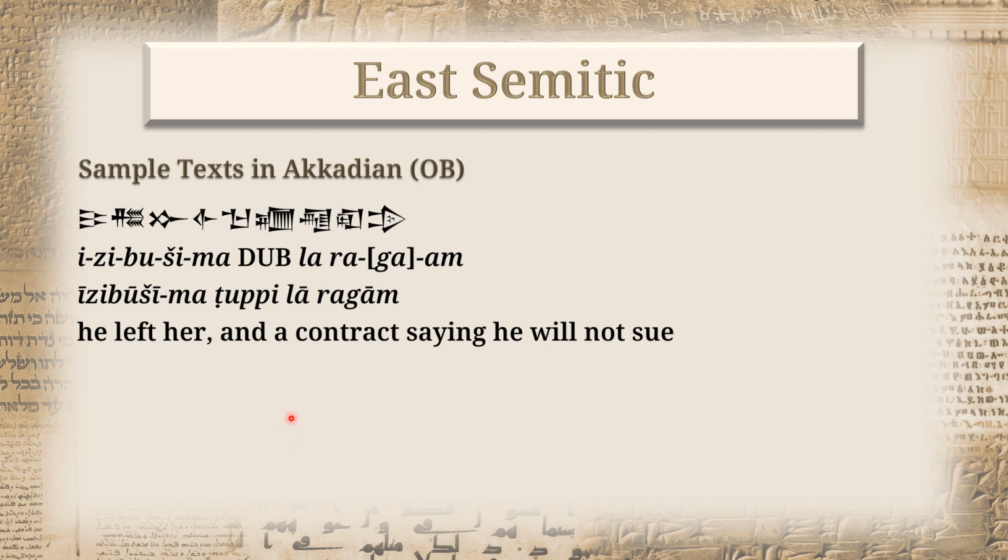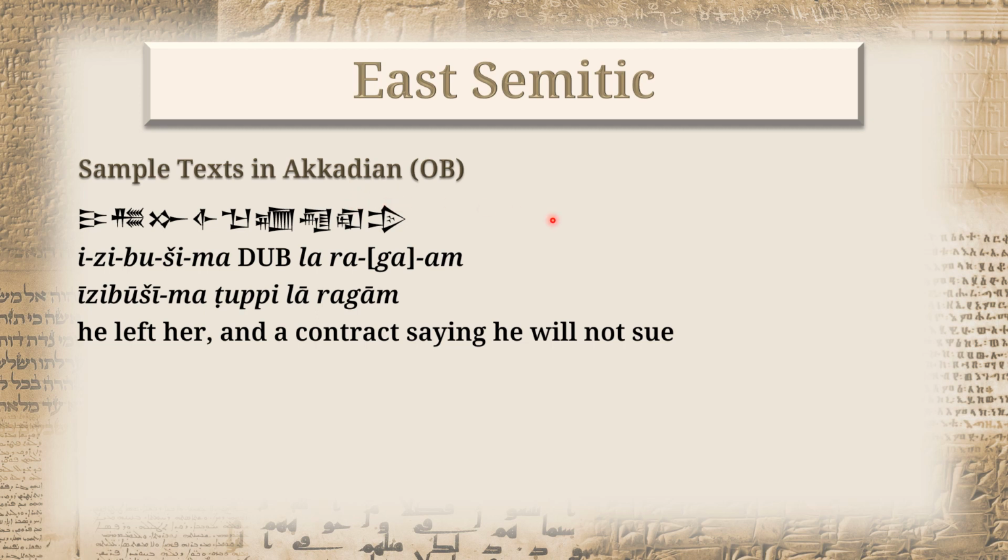And then what? There's a sign here, which is a Sumerian sign, dup, which in Akkadian is tupum, or in the construct state, tupi. So tupi la ragam, a contract of not suing. So, a contract saying he will not sue. By the way, there's a scribal error here. At the end, it just says ra-am.